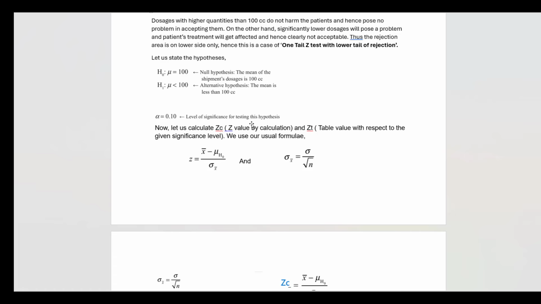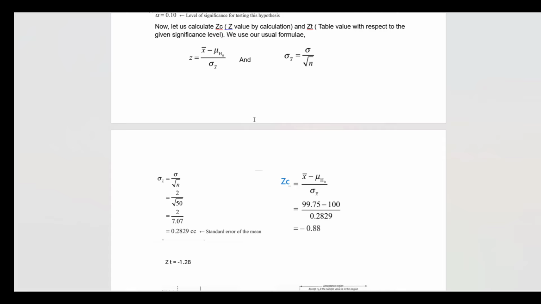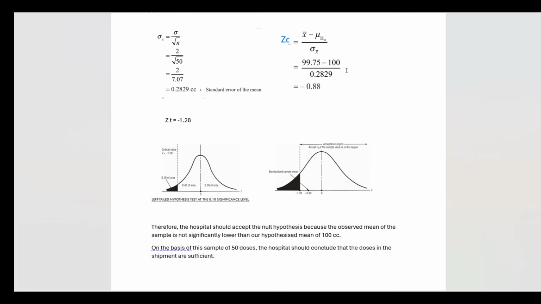So now Z calculated and Z table are calculated here with these two formulae, and we got the answer for Z calculated as minus 0.88, and from the Z table, the 0.5 is the rejection area on the left side. So this is 0.4, and for 0.4 our Z is 1.28. So our rejection is this side, minus 1.28 and lower is our rejection, the critical value for rejection.